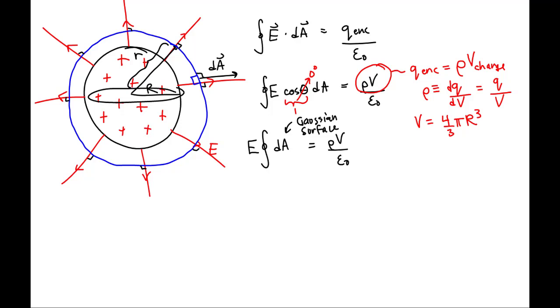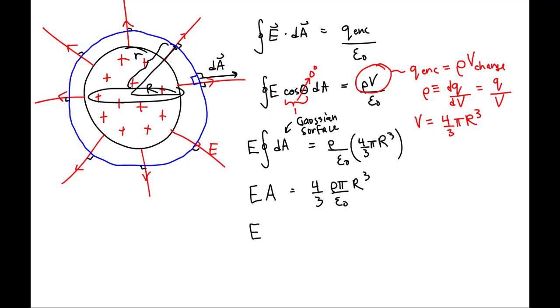And actually, let's go ahead and replace our volume now. Our volume is 4/3 pi capital R cubed. Well, the closed integral over our surface is just the area of our Gaussian surface. And this is equal to 4/3 rho pi over epsilon naught R cubed.